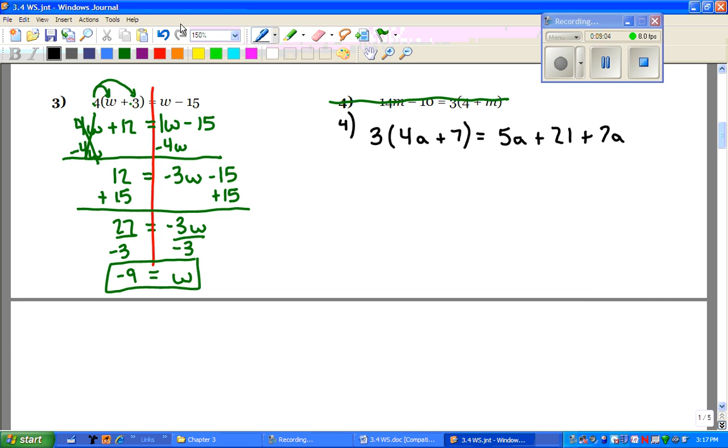So let's solve this one by drawing my line. On the left-hand side here, we're going to distribute. I get 12a here, and we distribute here, and we get plus 21 equals.